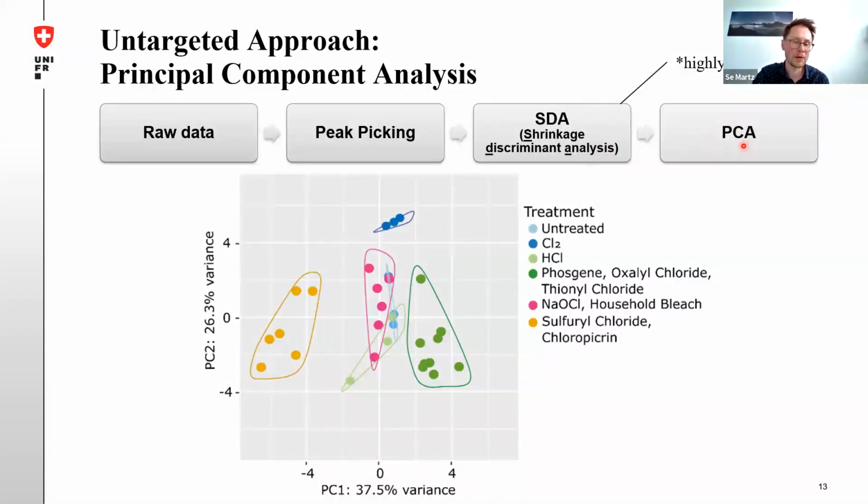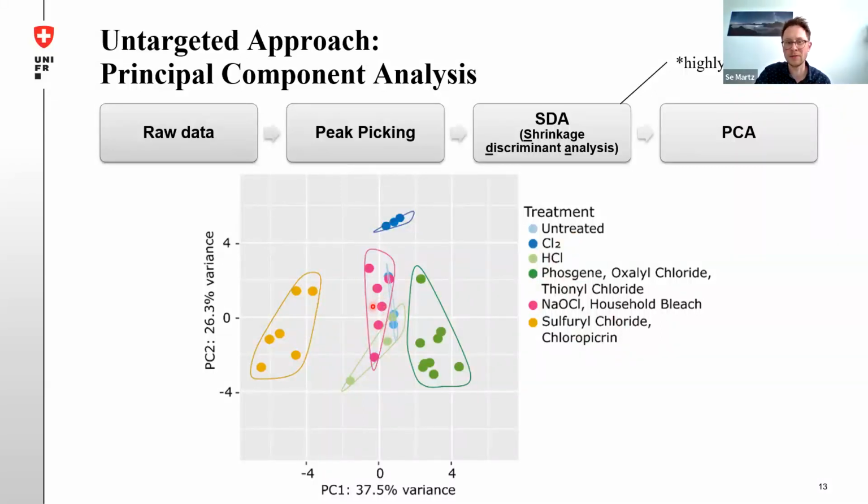And the principal component analysis should then tell us the differences between these exposure experiments, so between these chemicals. And we could see that in the first 2 dimensions of our principal component analysis, in this middle section, sodium hypochlorite and household bleach, but also hydrogen chloride and the untreated, could hardly be separated from each other.